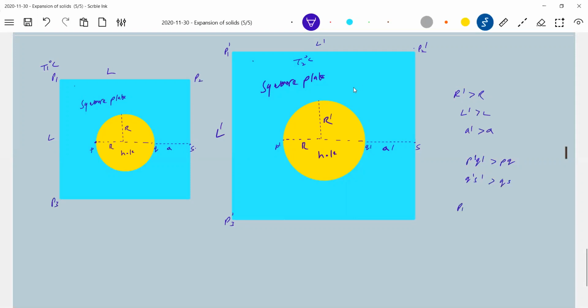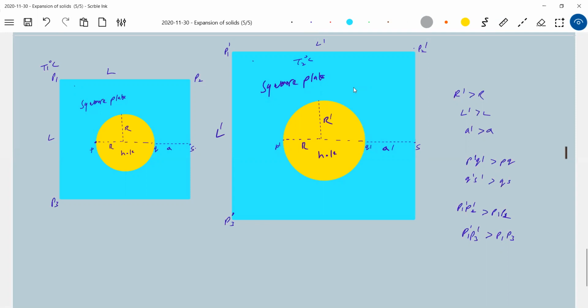So therefore, P1 dash P2 dash should be greater than P1 P2. P1 dash P3 dash should be greater than P1 P3. Even P2 dash P3 dash should also increase. Distance between any 2 points must increase here. If you look at P dash, Q dash, these are the 2 points on the object. So the distance increases, and therefore the size of A increases.